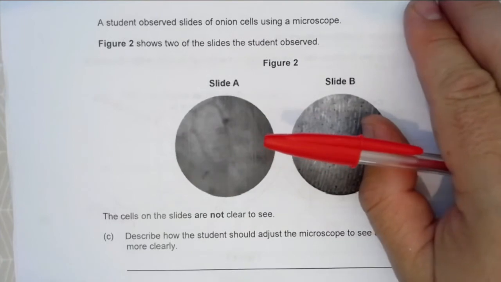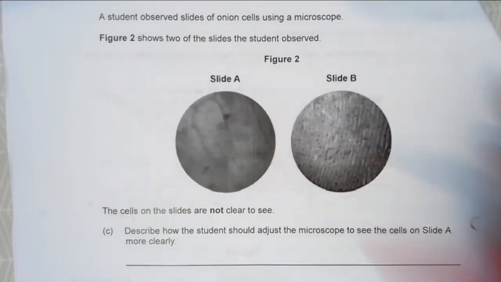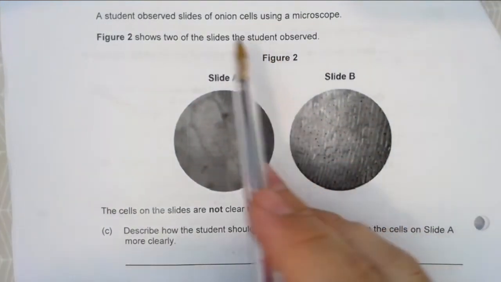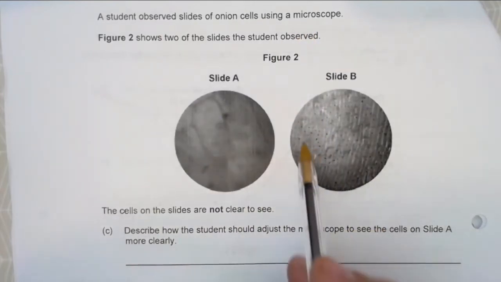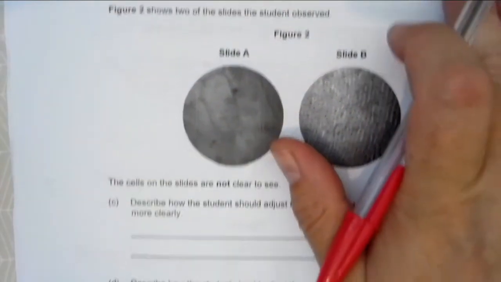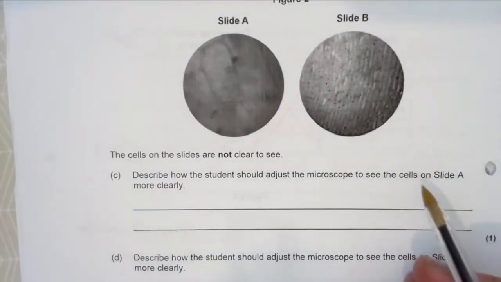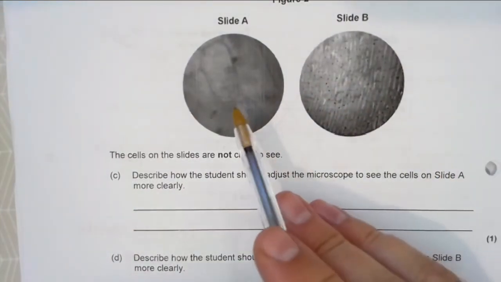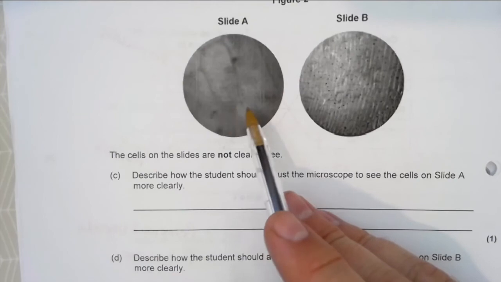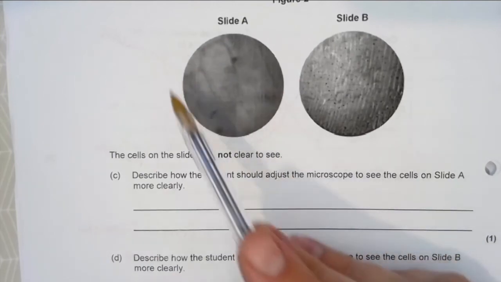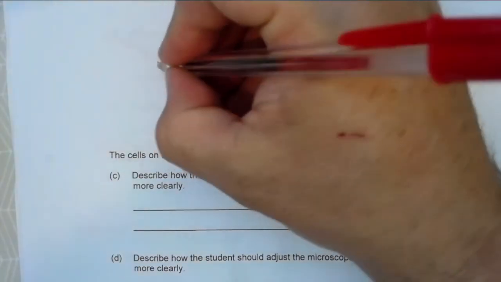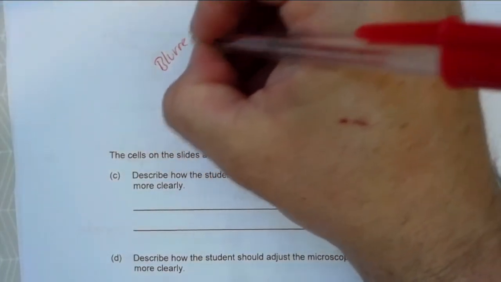Over here we've got a student who observed slides of onion cells using a microscope, and this is what they saw. So you can't really see what's going on here. So what could we do to slide A, so this slide, to make it more clear? So we need to adjust the focus. This is a blurred image, so it's not in focus.